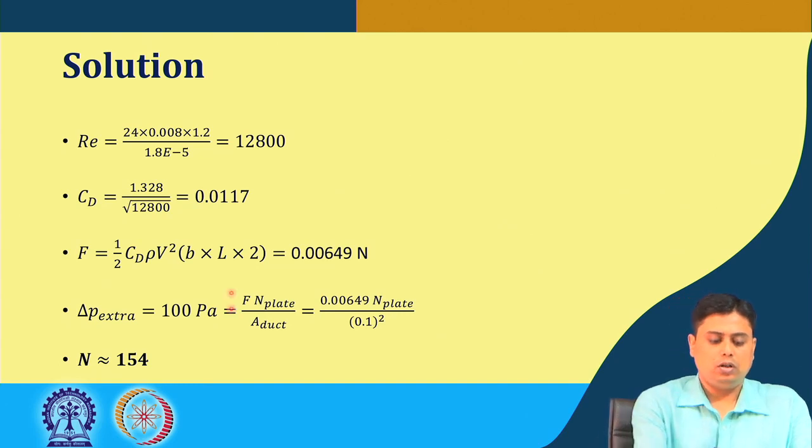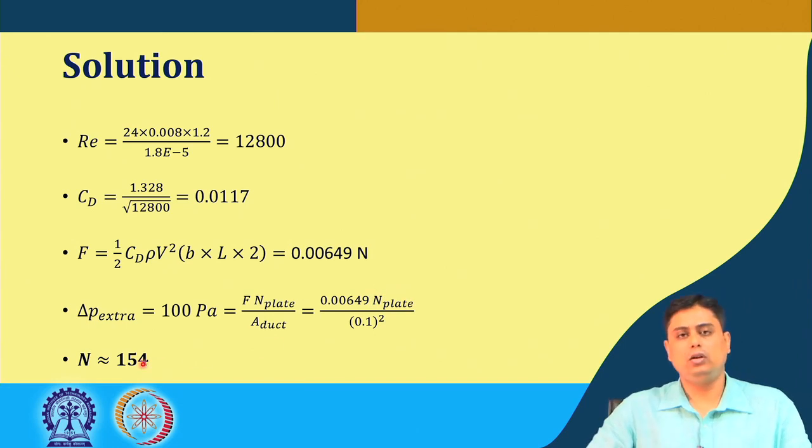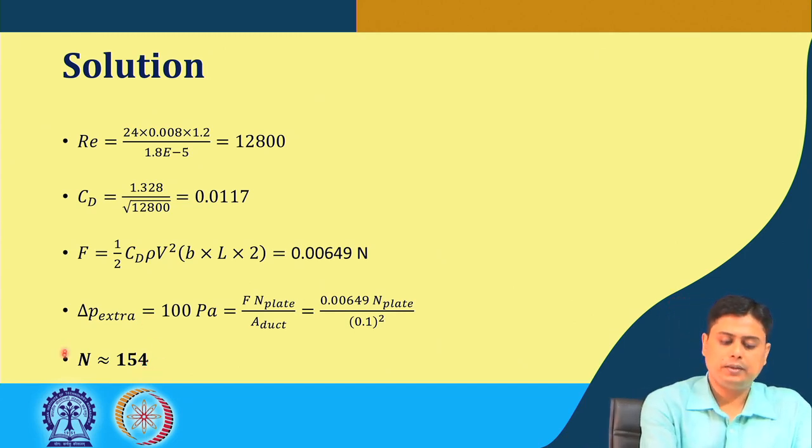So the single plate drag force multiplied by the number of plates divided by the area of the duct based on the hydraulic diameter, we can find out the number of plates that is required to create that extra 100 Pascal pressure drop. I hope this is also clear.